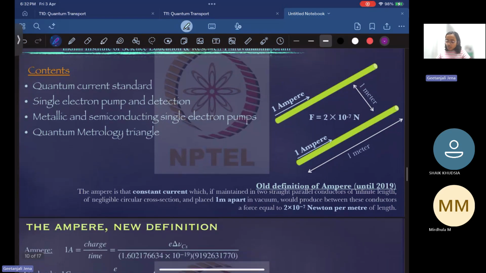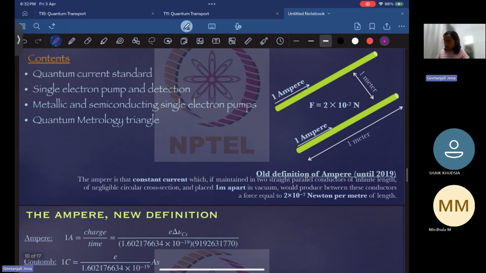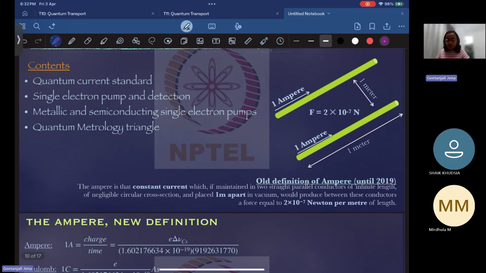Okay, so before 2019, what was the current standard for measuring the current? The unit for current is 1 ampere, and this 1 ampere is defined as the current that will flow through two straight wires, when there is a distance of 1 meter between them, and they experience a force of 2 into 10 to the minus 7.